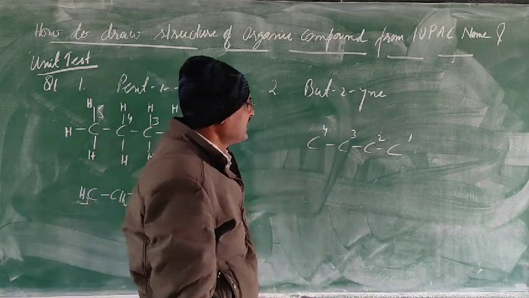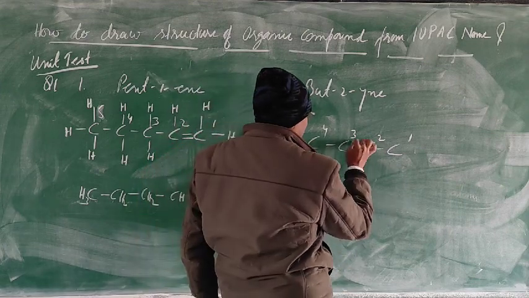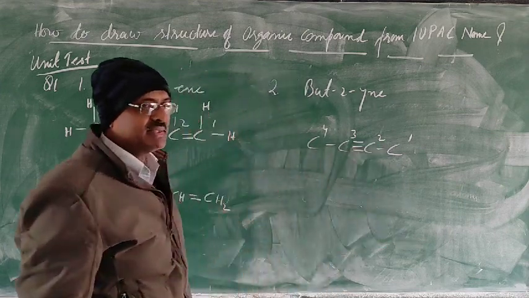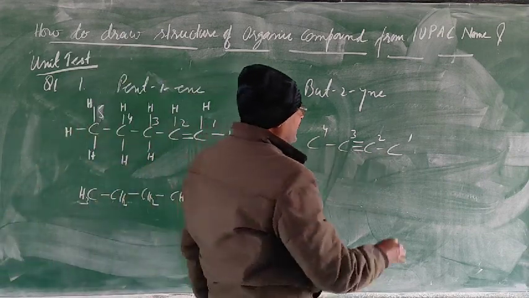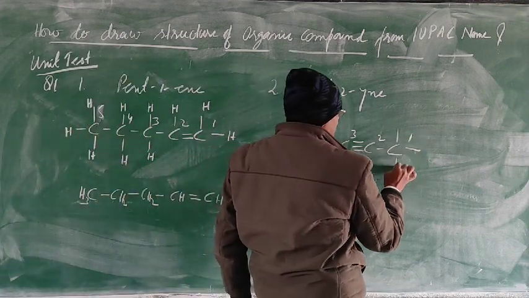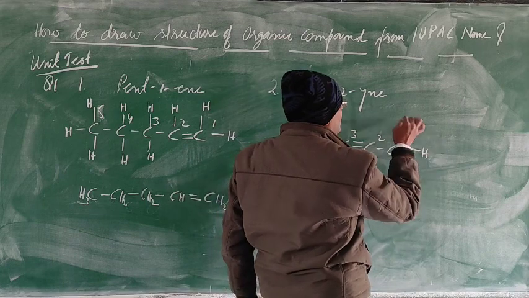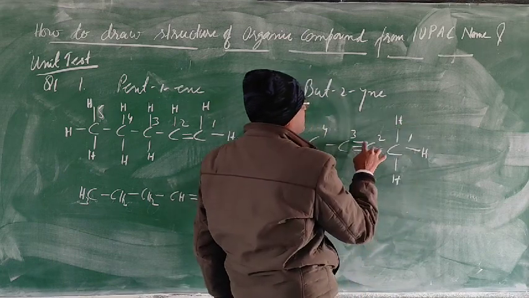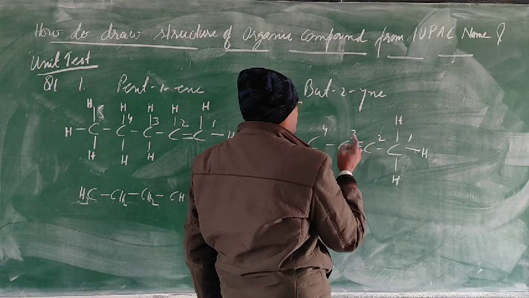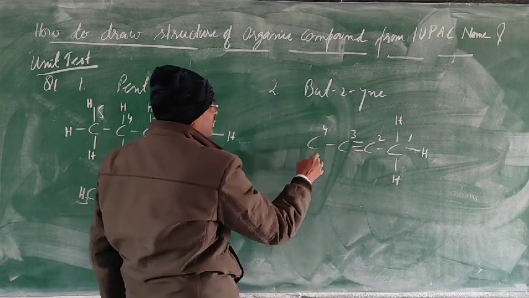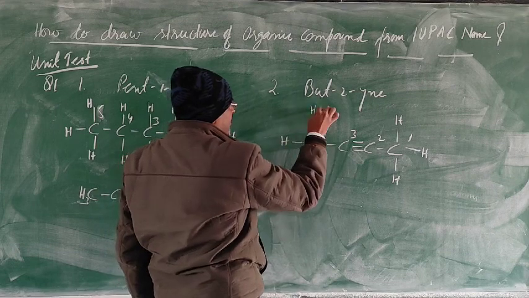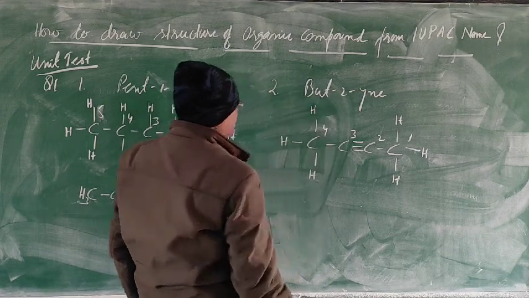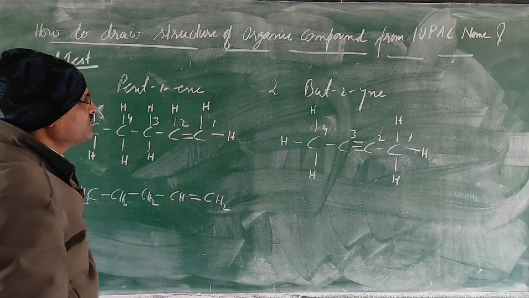It is given at the second carbon, so put the triple bond. Then fill up the remaining valencies of carbon with hydrogen. Here 4 occupied, here 4 occupied. Then here 1 is occupied, 3 are left. So this is the structure of but-2-yne.